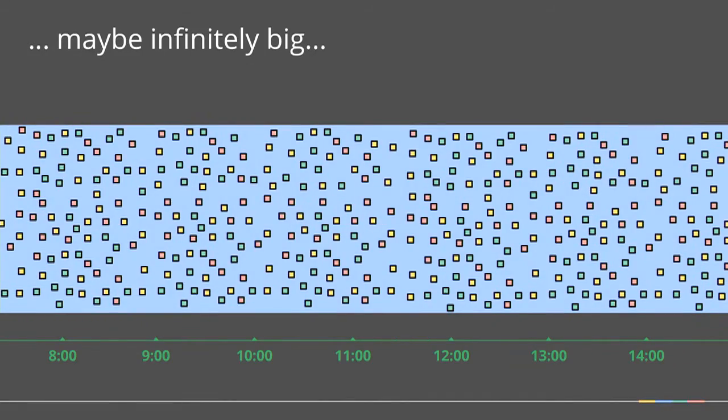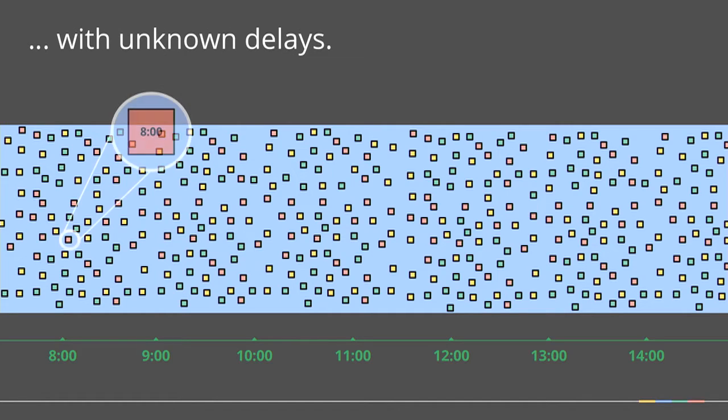And it arrives at certain times. So this is our system time when we became aware of the data, but it comes from all over the world, so it arrives with unknown delays. Let's assume this event was generated at 8 a.m. Pacific Standard Time, and we got it at approximately the same time. Yay, good internet connection. This one here is like 30 minutes delayed.